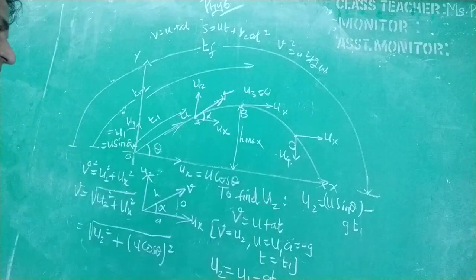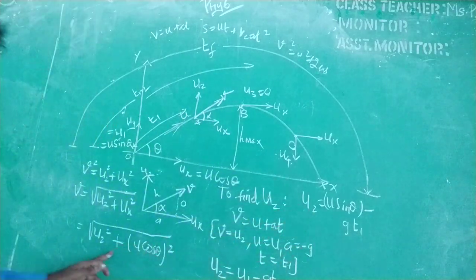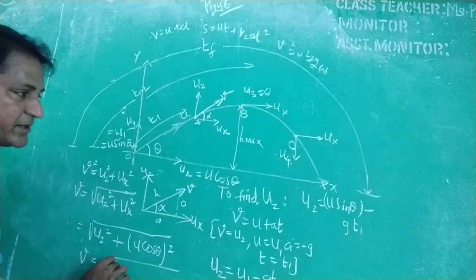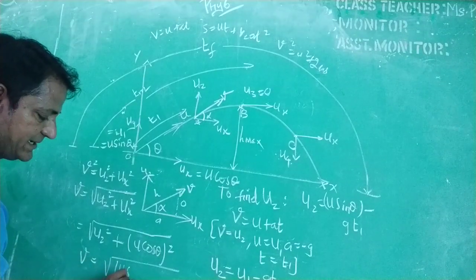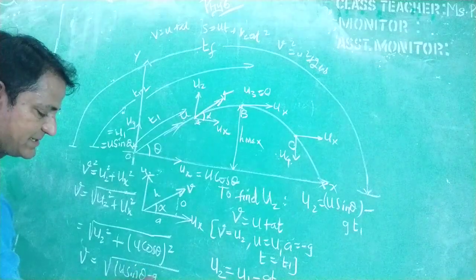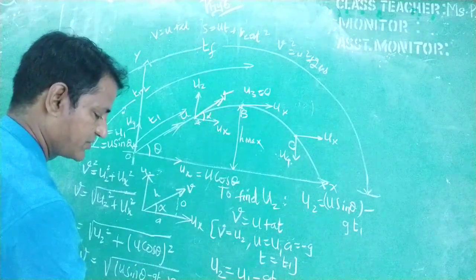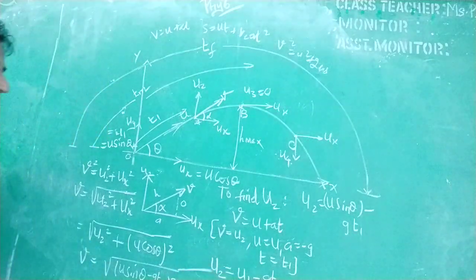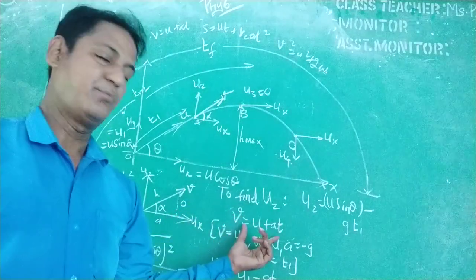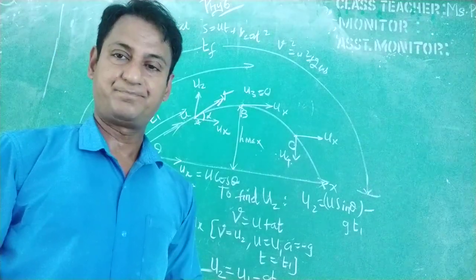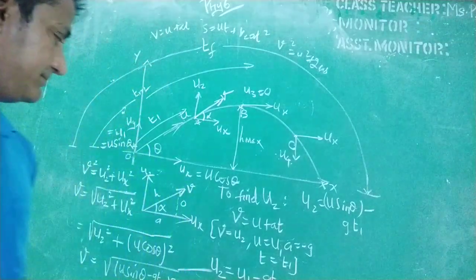Let me substitute the value of u2 in this equation. So I get the resultant velocity as square root of u sin theta minus gt1 the whole square plus u cos theta the whole square. So now we have seen the equation of motion v equal to u plus at here.